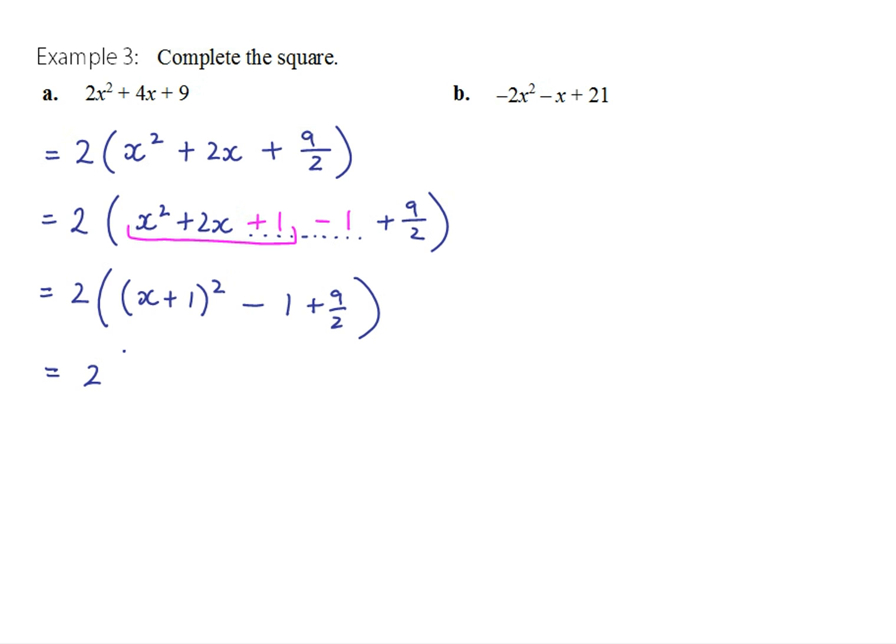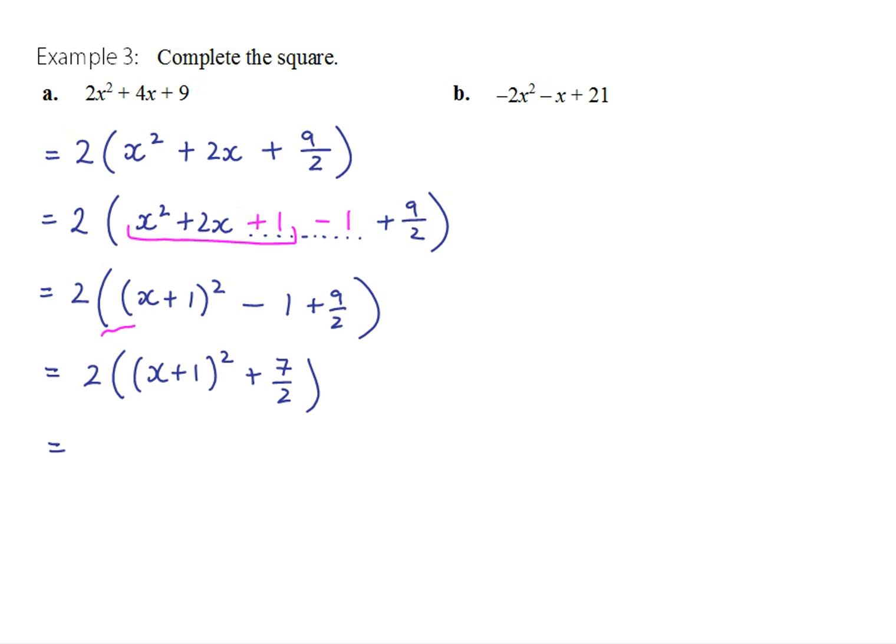Okay, so we've got 2 times x plus 1. Now this is where you might have lost a bracket in this bit here, so please be careful about that, because you'll end up not multiplying your whole thing by 2 at the end properly. Okay, so we've got x plus 1 all squared, then we've got minus 1 plus 9 on 2. So minus 1 is minus 2 on 2. So negative 2 on 2 plus 9 on 2 gives us plus 7 on 2.